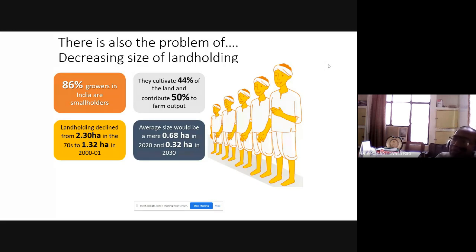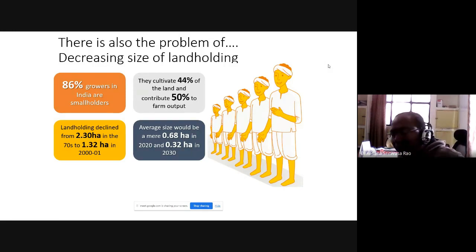Without mechanization, there is no growth of the production which they are going to achieve. So what is going to happen in agriculture production is also at stake. This is what we have to remember.